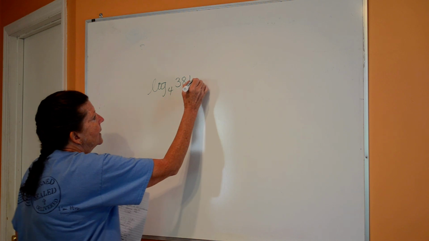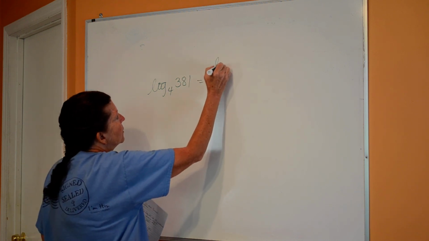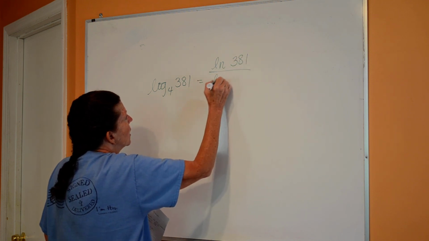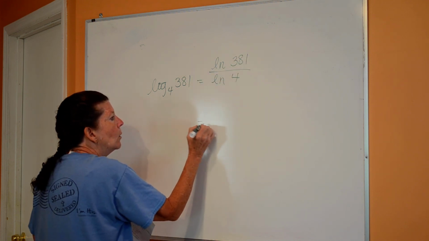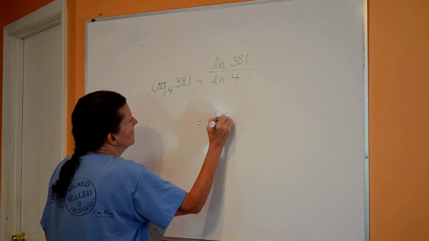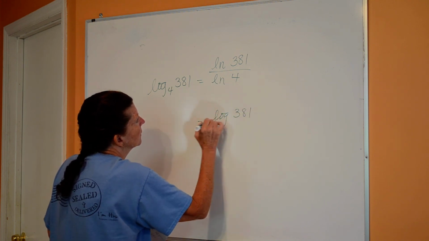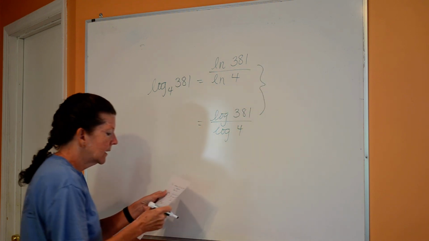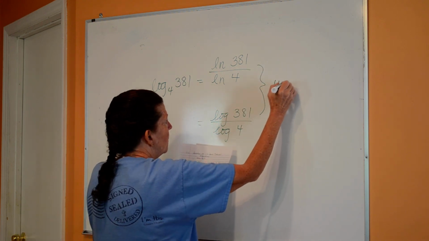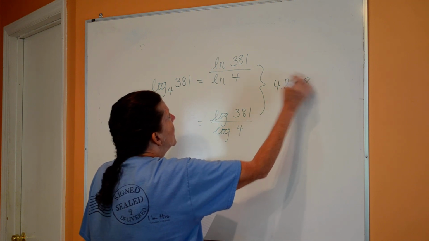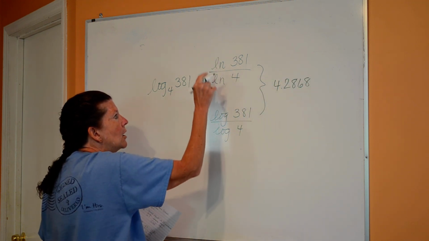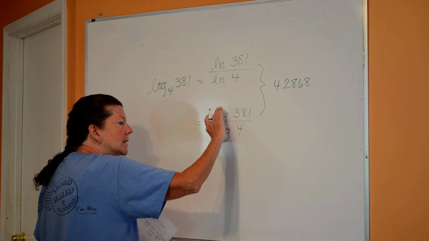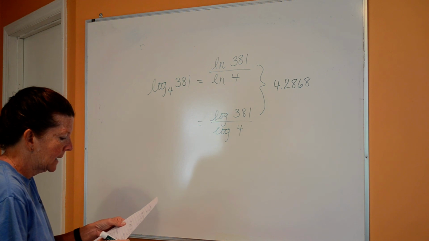Well, all that means, and it really doesn't matter, is you're going to get the same answer. You can do it like this. This is converting it to natural log. Or you can keep the common log. Either one of those is going to give you the same answer. It's going to give you 4.2868. Now remember, I can't do common log and natural log in the same problem, but as long as I stick to natural log or I stick to common log, it's going to give me the same answer.